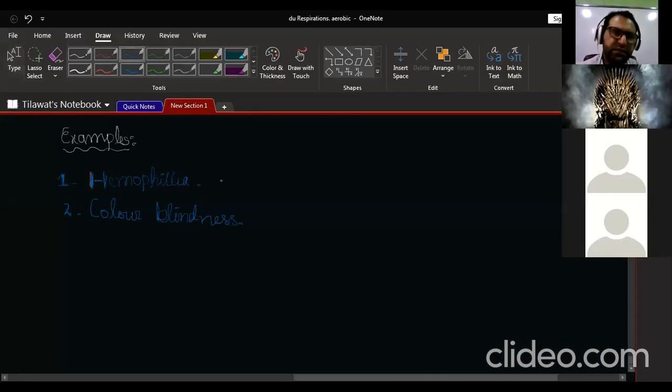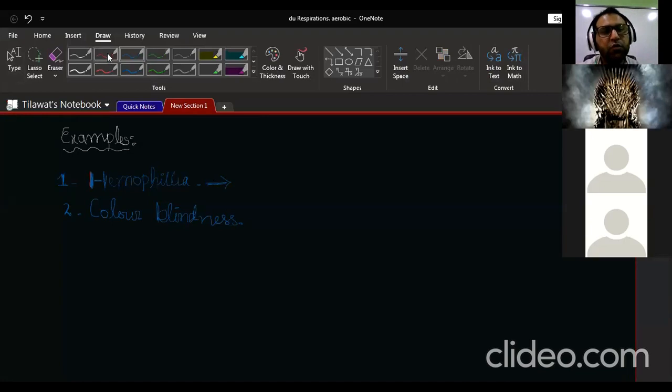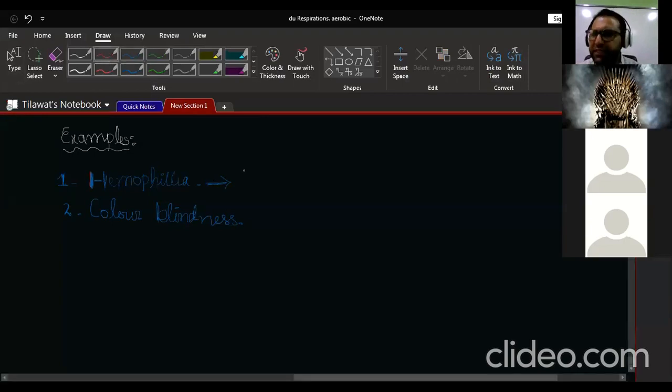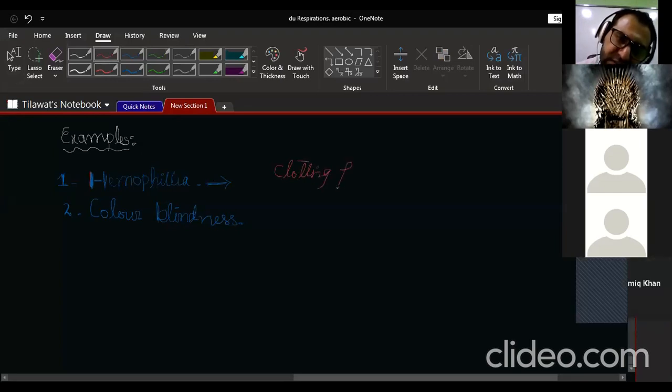What does it mean? First, hemophilia, what is happening in hemophilia? The clotting factor, the protein that is responsible for blood clotting. Remember, clotting factor. One of the clotting factors is responsible for blood clotting, right?